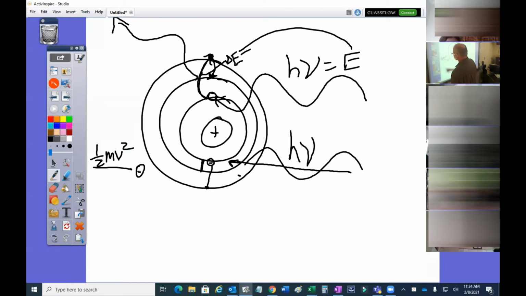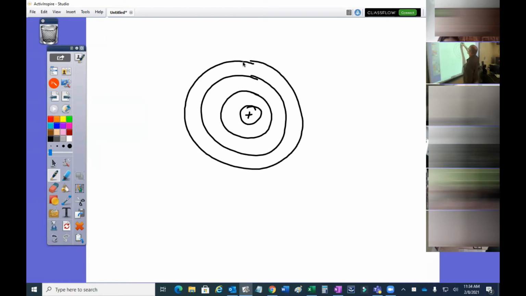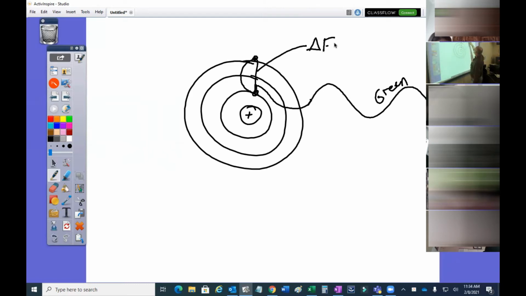Right. So if you have this atom, and here comes, let's say, green light. And here's this electron. And this jump right here just happens to equal from here to here. This delta energy is equal to green. How do you know what that is? E equals h nu.